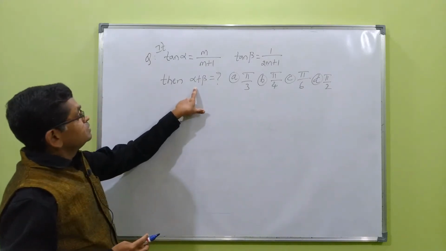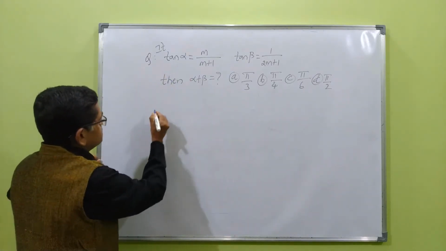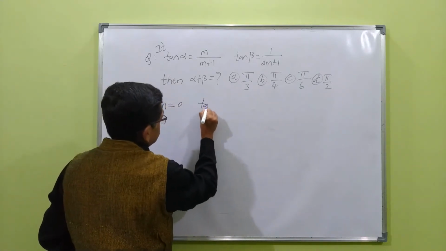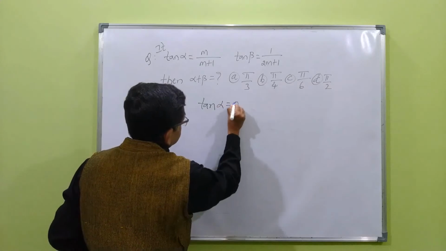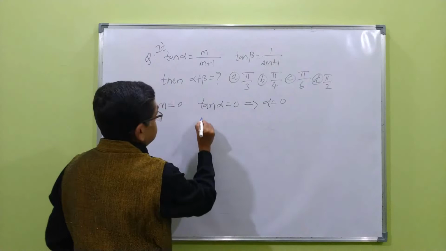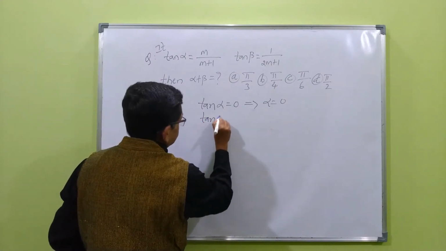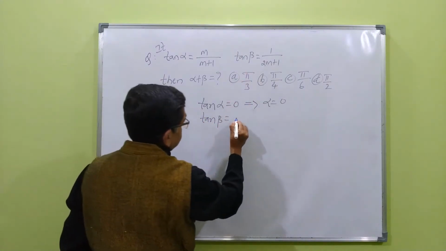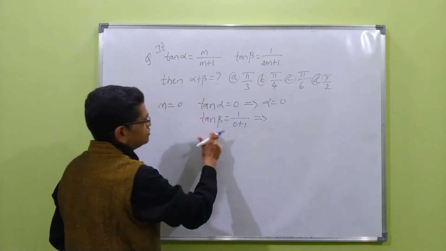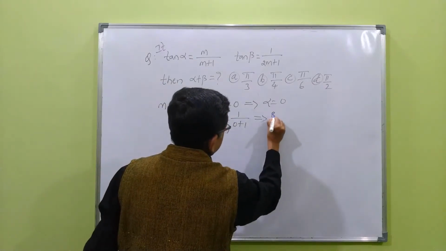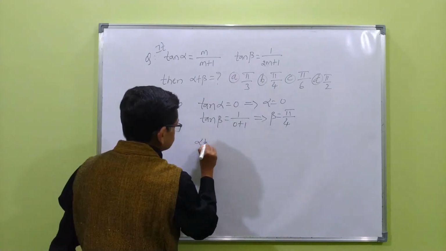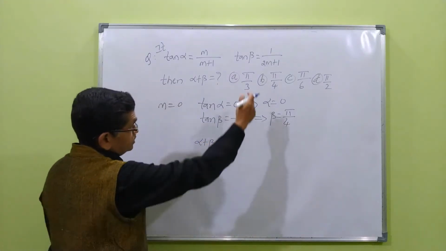See, alpha plus beta is asked, so let us take m is equal to 0, then tan alpha will become 0, so that implies alpha is equal to 0, and tan beta is equal to how much? 1 by 0 plus 1, that implies tan beta will be 1, means beta is pi by 4. Now alpha plus beta is equal to pi by 4, B is the answer.